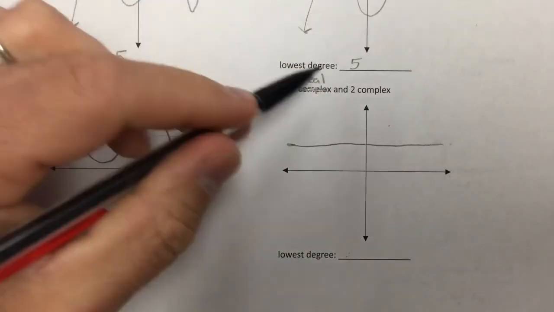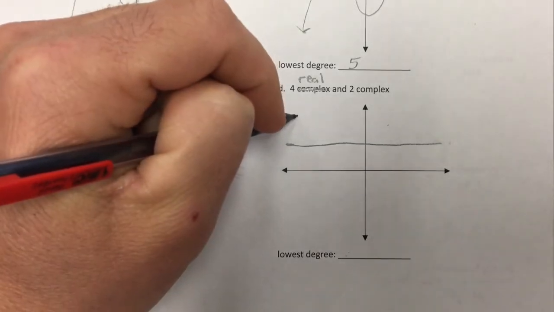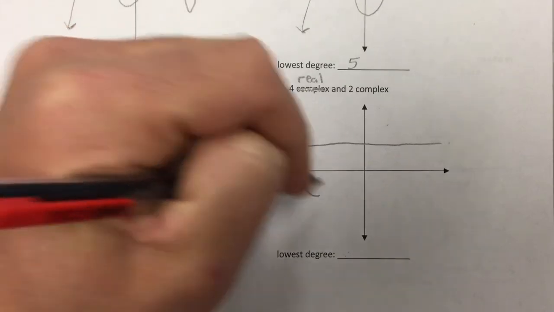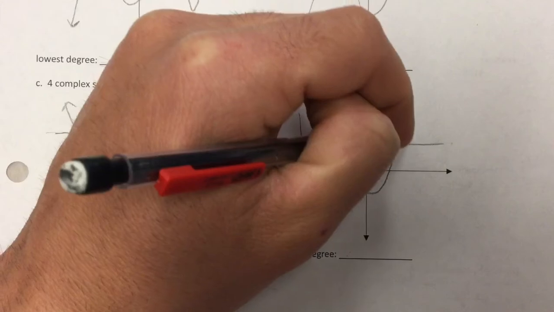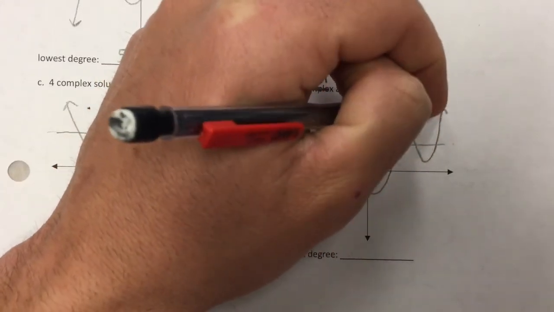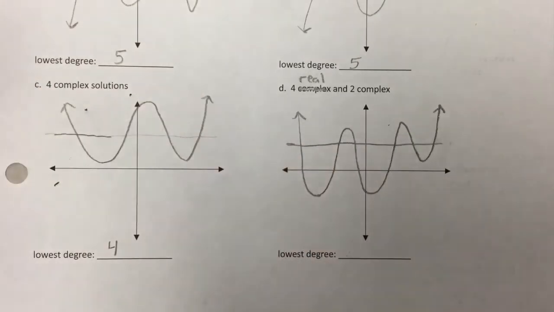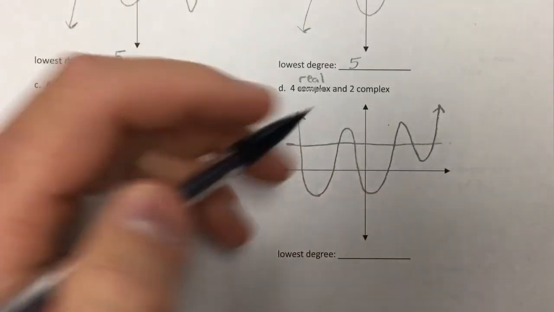If you notice when we add these, that's what we always get for our lowest degree. So we have an even degree. Let's start up here. I'll cross 1, the real axis. There's 1 real, 2, 3, 4, come down 5, 6. So it's very similar to B, it's just our end behavior is going to be up, up, because we have an even degree, 1, 2, 3, 4, 5, 6.